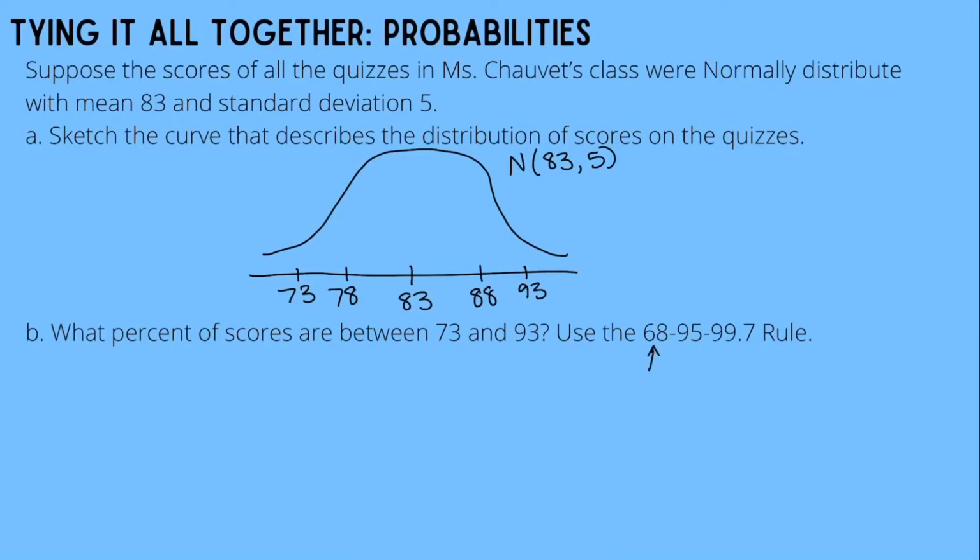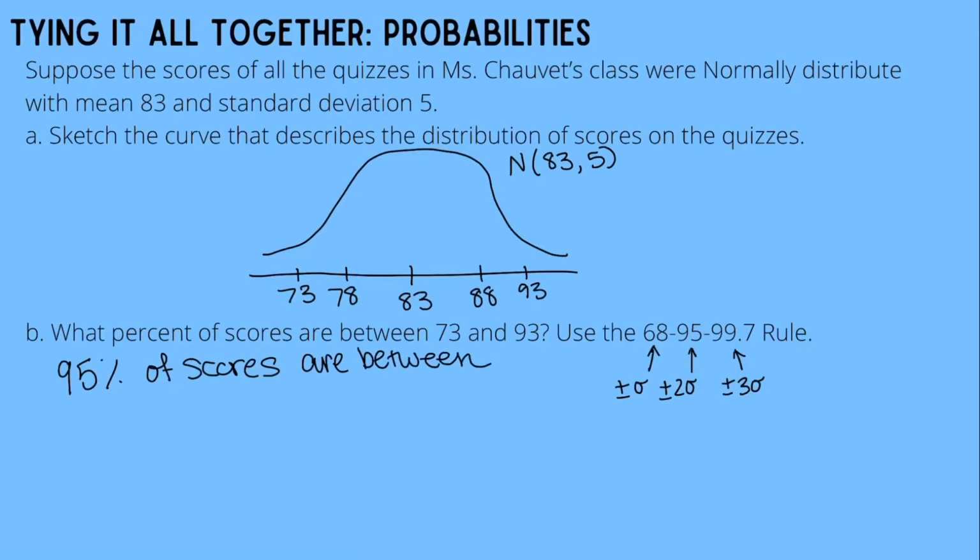So remember, 68% fits within plus or minus 1 standard deviation, 95% fits within plus or minus 2 standard deviations, and 99.7% fits within plus or minus 3 standard deviations. So that tells us 95% of scores are between 73 and 93.